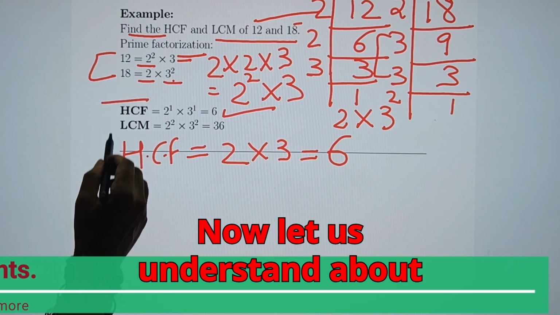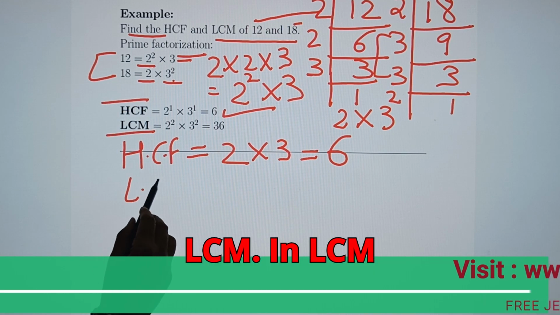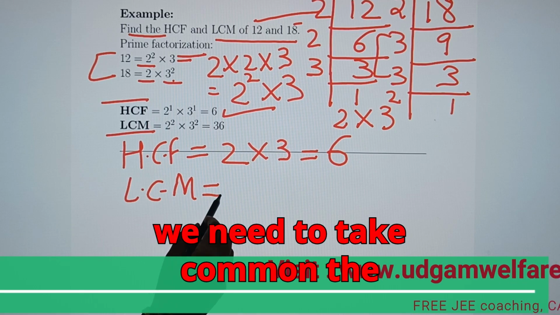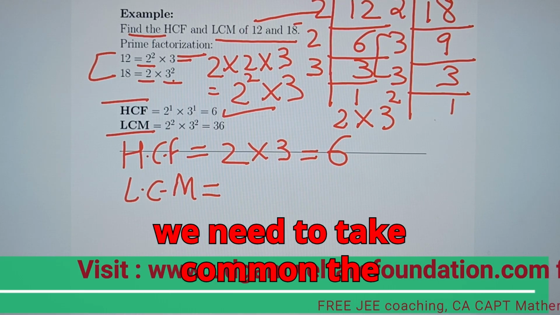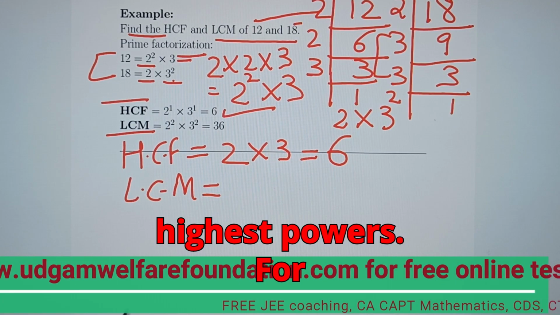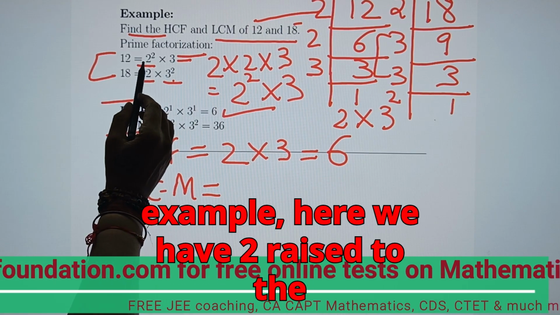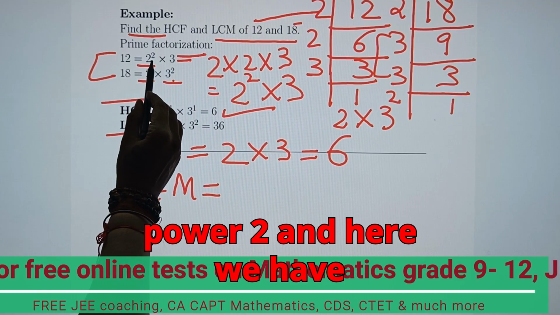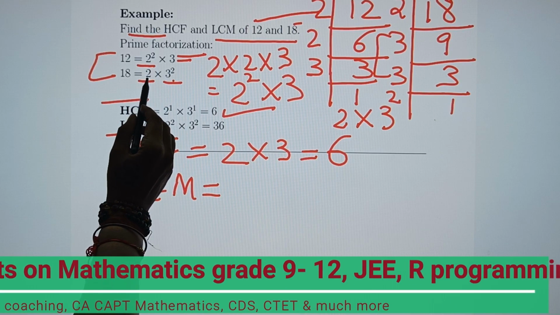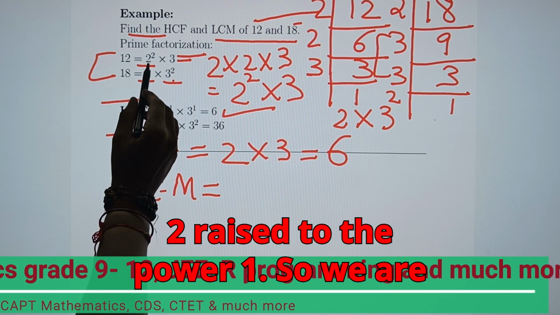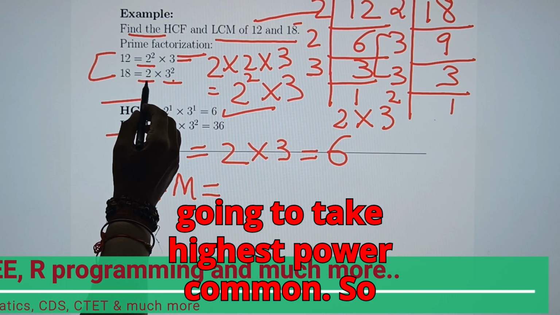Now let us understand about LCM. In LCM, we need to take the highest powers. For example, here we have 2 raised to the power 2 and here we have 2 raised to the power 1. So we are going to take the highest power.